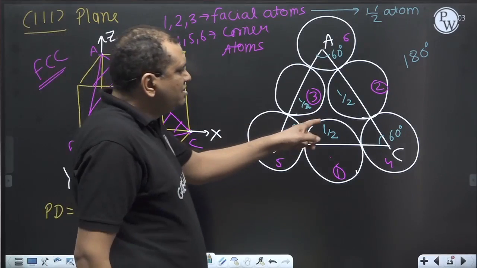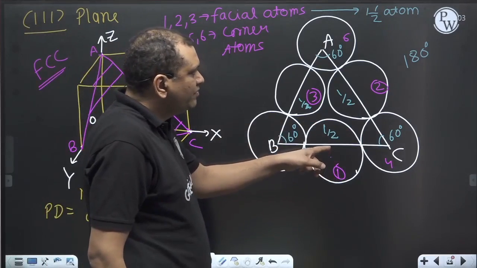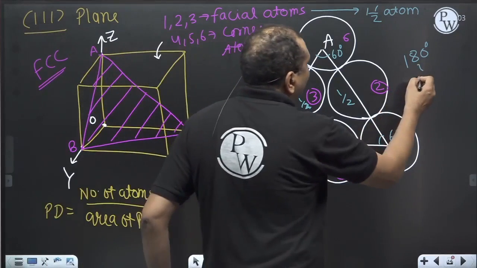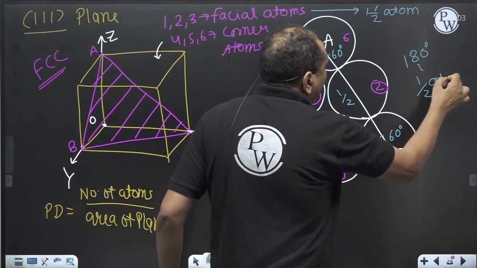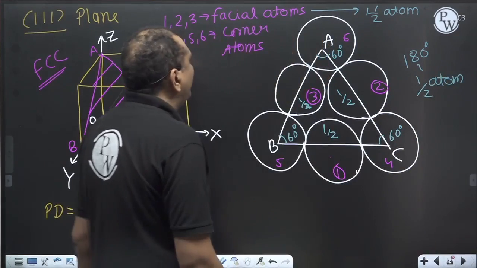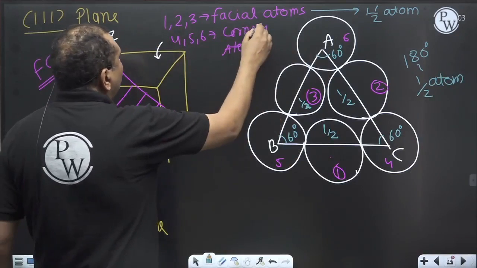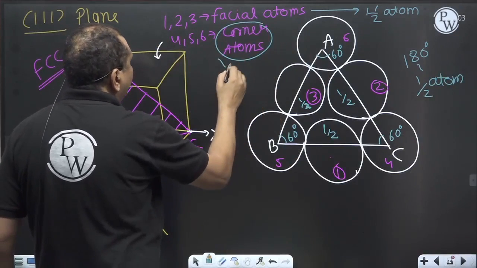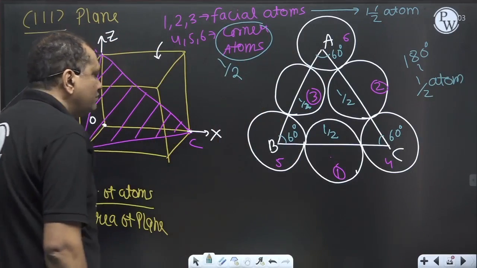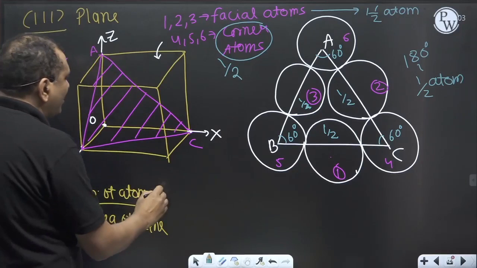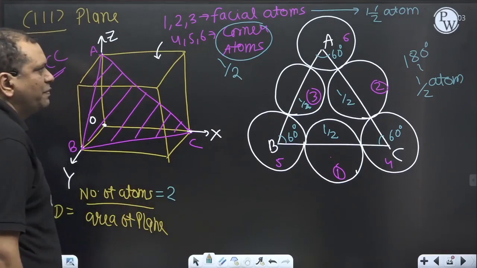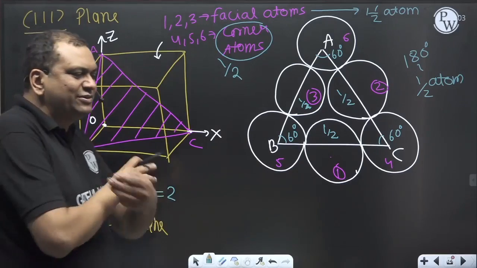So 360 degrees will be one atom, and 180 degrees will be half atom. So corner atoms will contribute half atom. So the total number of atoms is 2.